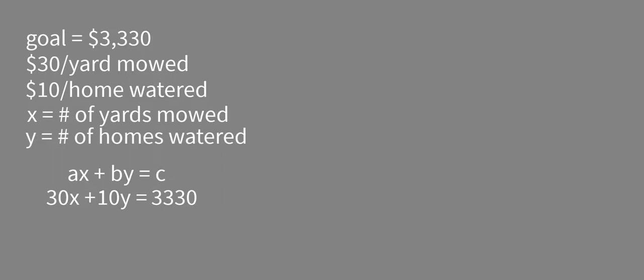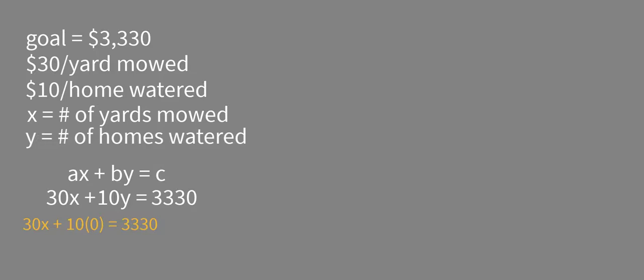Now we're also asked to find the X and Y intercepts. So to find the Y-intercept, we substitute X equals 0. To find the X-intercept, we substitute Y equals 0. So let's find the X-intercept first. 30X plus 10 times 0 equals 3,330.